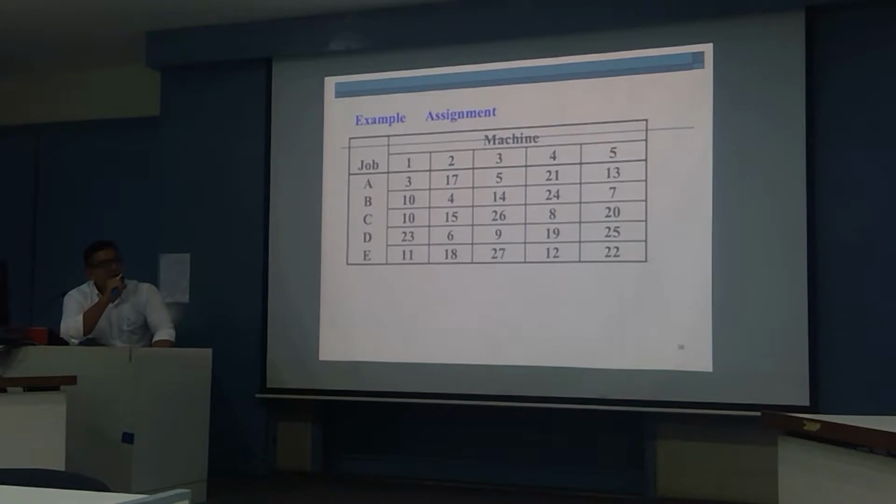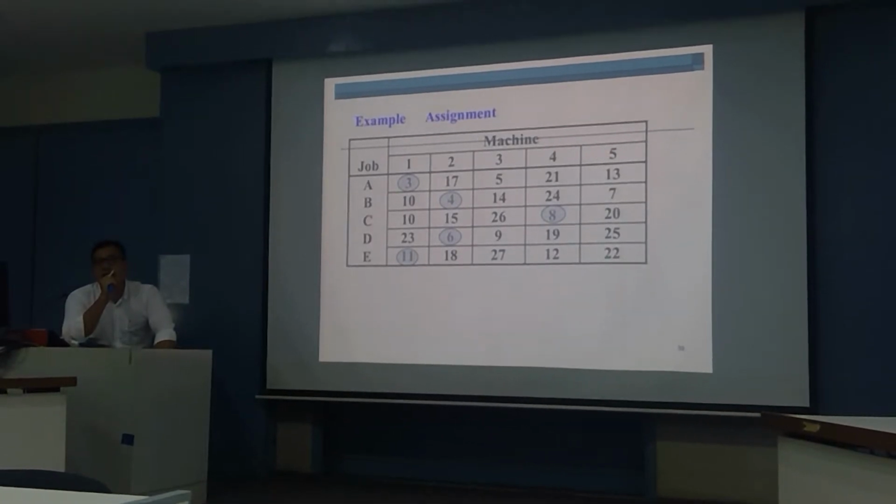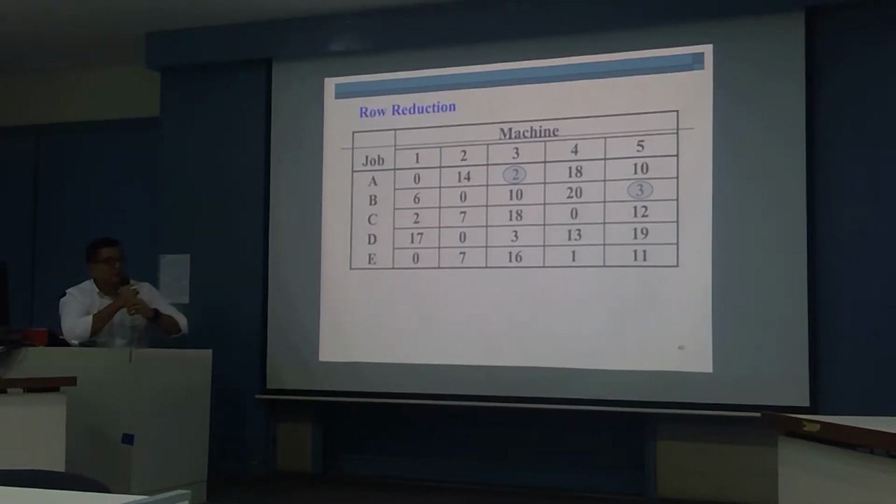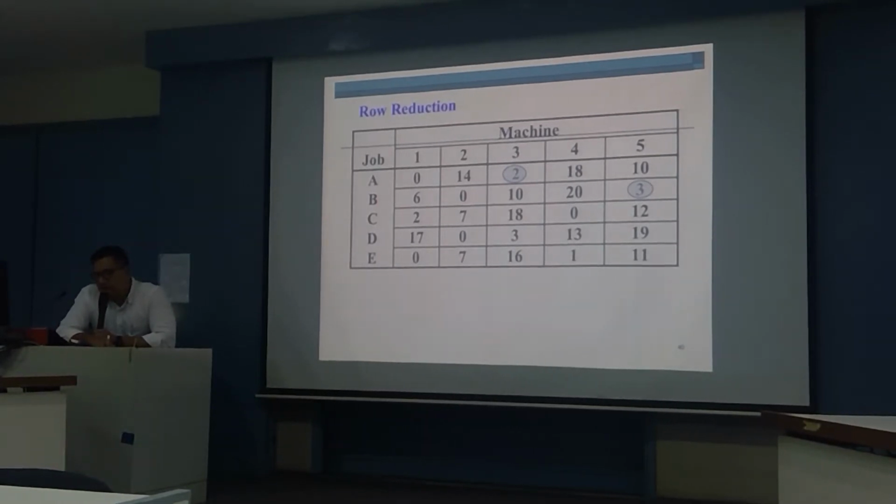So let's say that we start with the row reduction. I circle the lowest value for each row. Okay, this is the lowest value for each row. And then I use this value, subtracting it from all the values in that row. So the result is going to be like this. This is the result from the row reduction. Then I find the lowest value for each column.